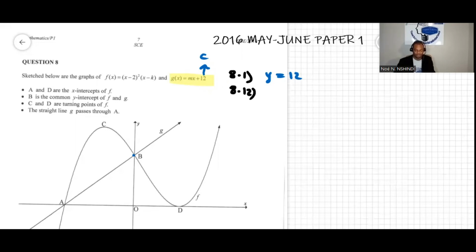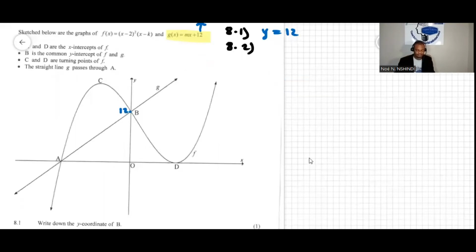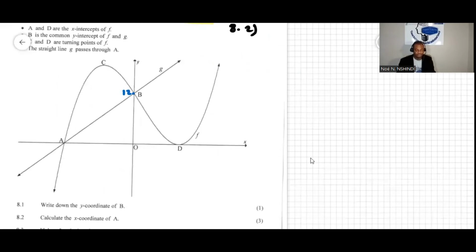Now question 8.2. Over here we know this is 12. 8.2 says calculate the coordinate of A. Well, we can see that A here is the x-intercept.